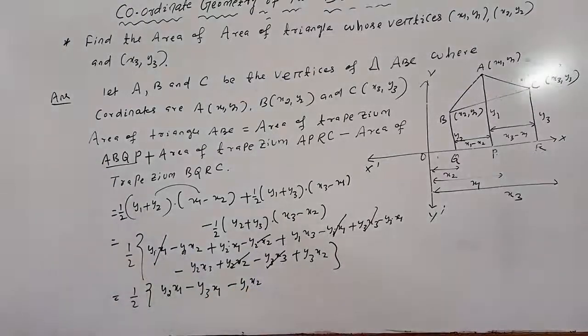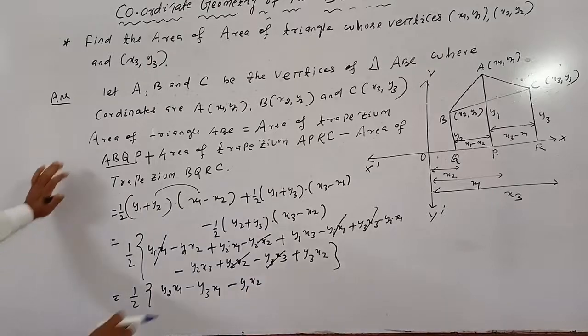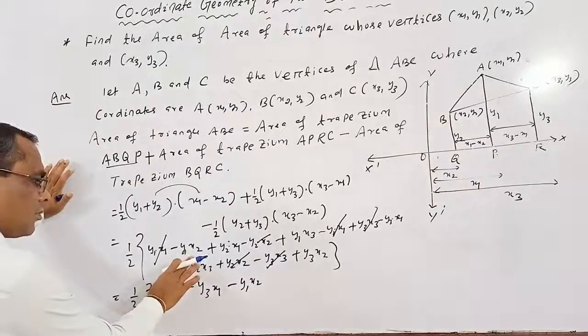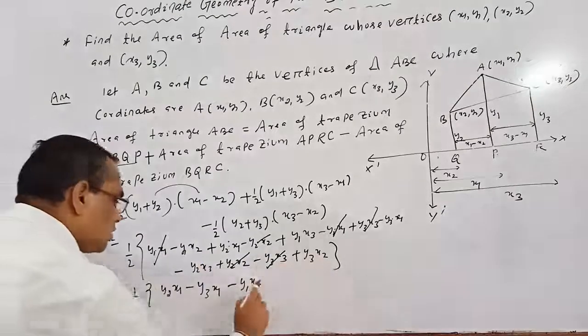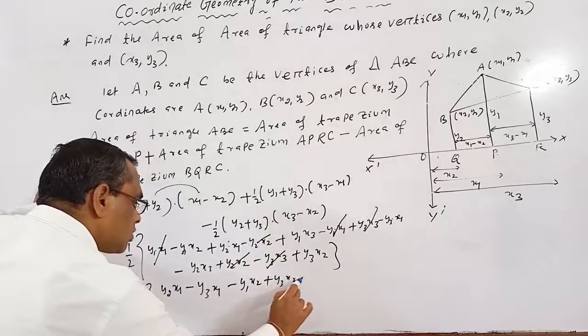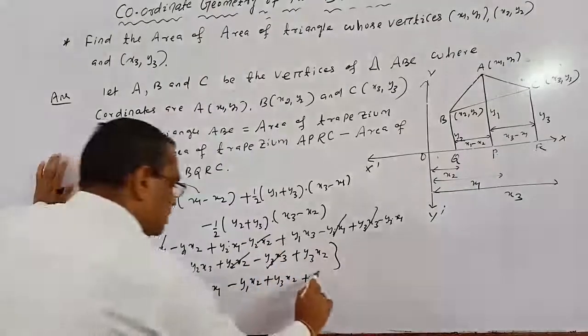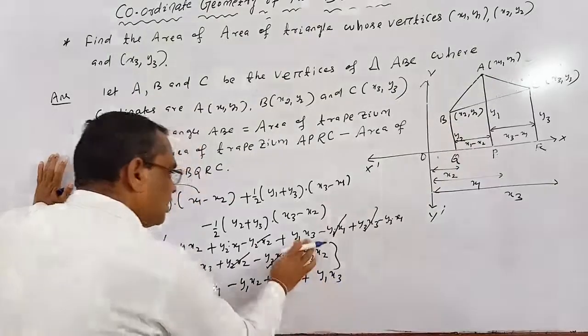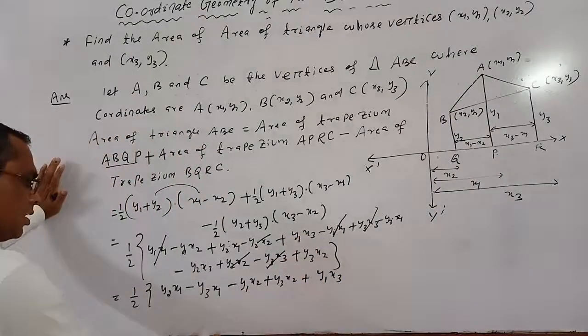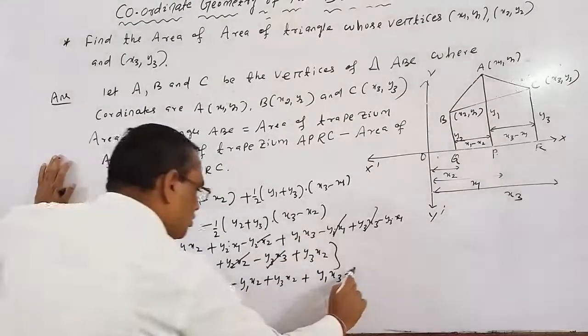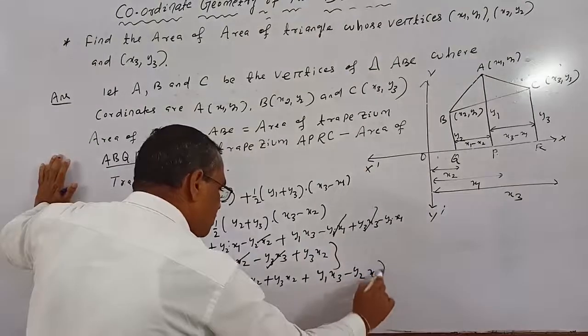Now we rearrange: y1 x2, it will be y2 x2 plus y3 x2, next y1 x3, then minus y2 x3.